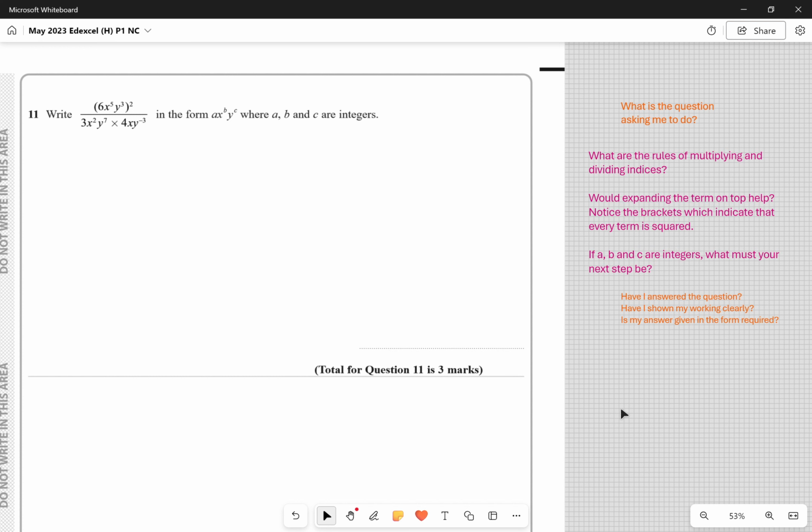We need to know whether expanding the term on top would help or not. Notice that the brackets indicate that every term is squared. So if you look at the 6x to the 5, y to the 3, the whole thing is in brackets, and then there's a squared outside the brackets, which means that everything inside the brackets is squared.